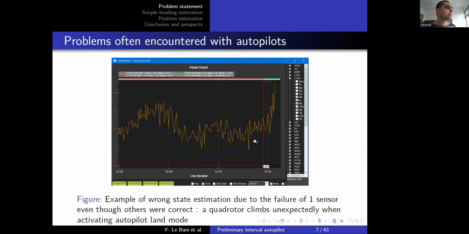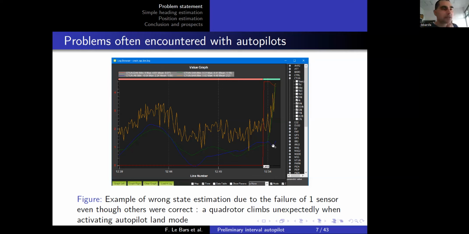So in this case, in reality, probably what happens is there is another sensor in the autopilot that is taken into account, and probably too much, it is used with too much trust. So it probably used quite a lot the accelerometer.